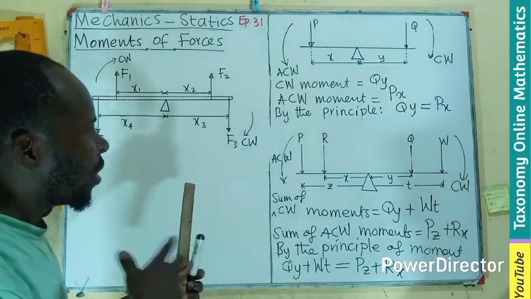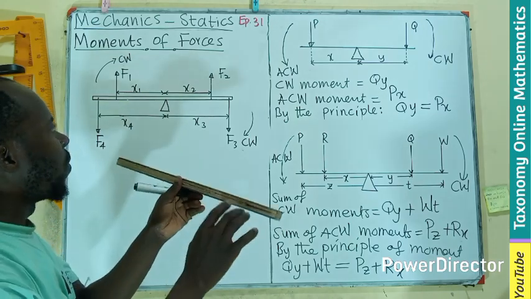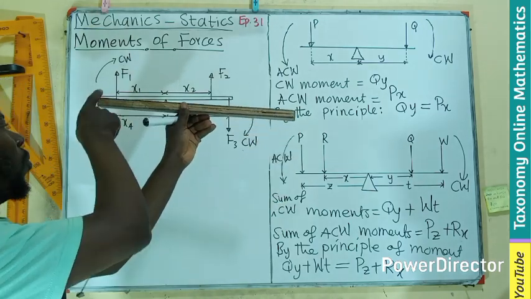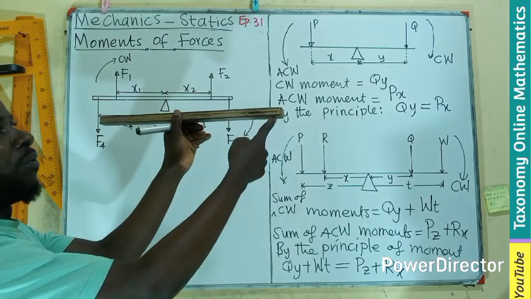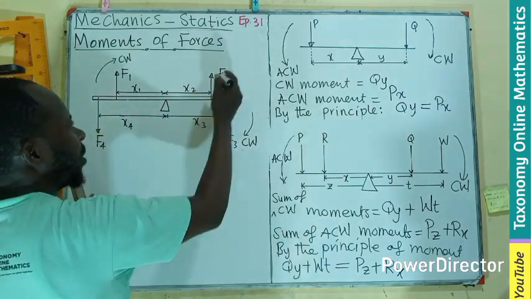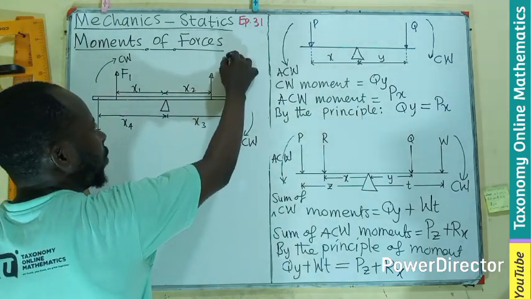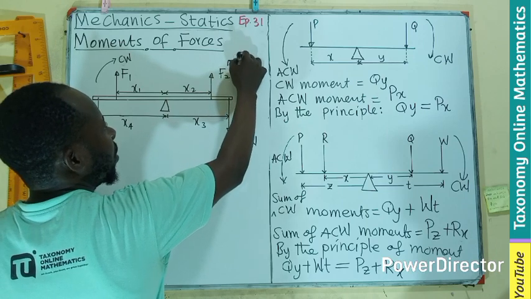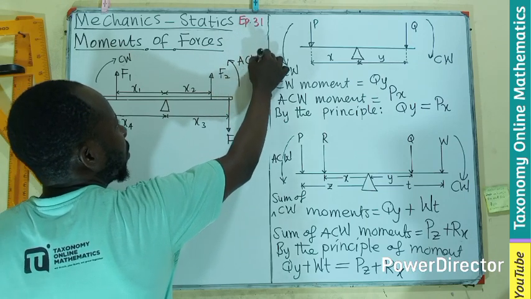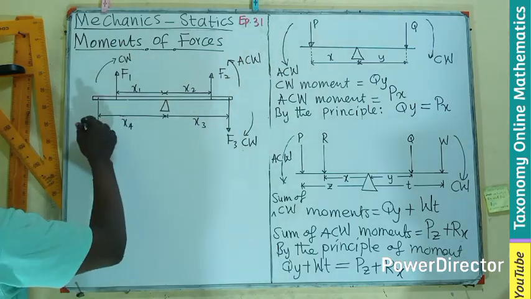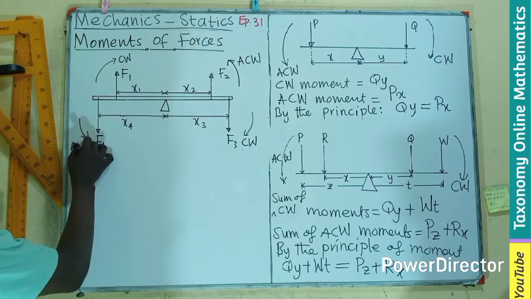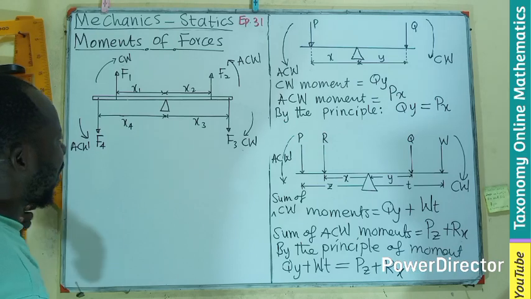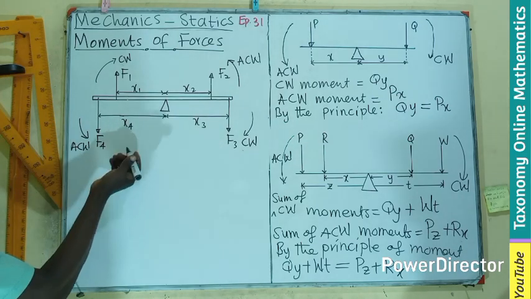The board is not big to write every word, so bear with me. Clockwise. If I press force 4, which is moving in the anti-clockwise direction, force 2 will also move in the same direction. So this is going to be anti-clockwise direction. This is also going to move in the anti-clockwise direction.